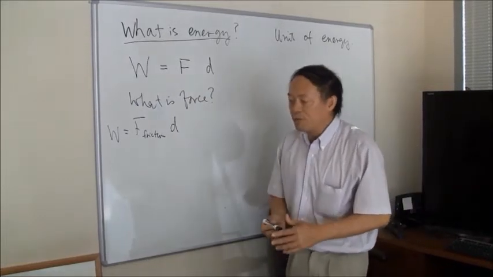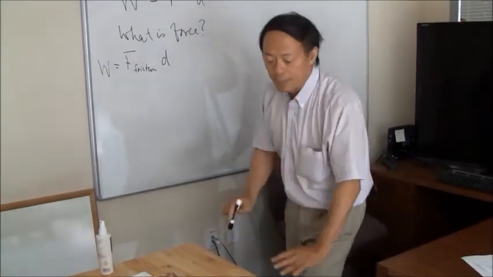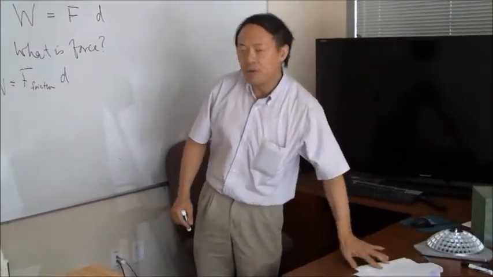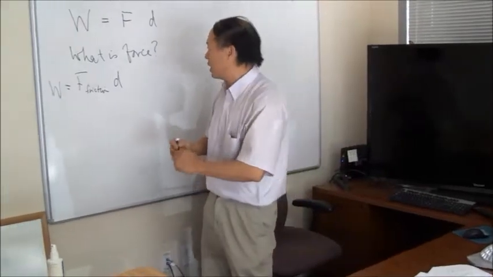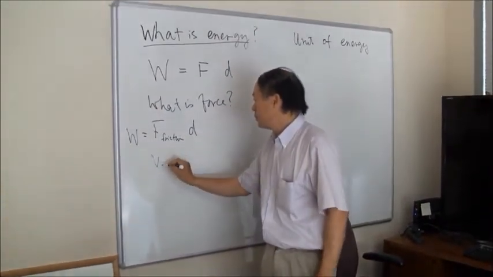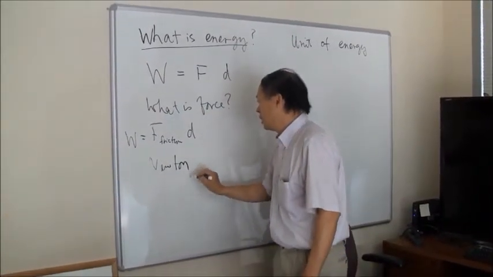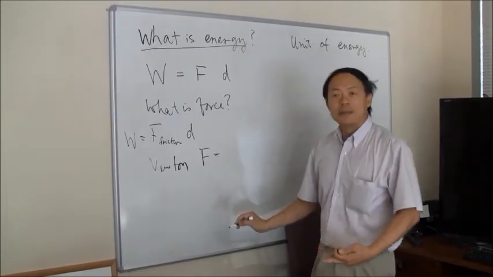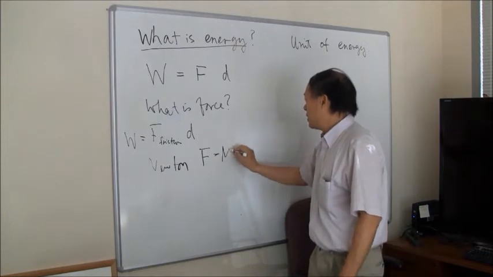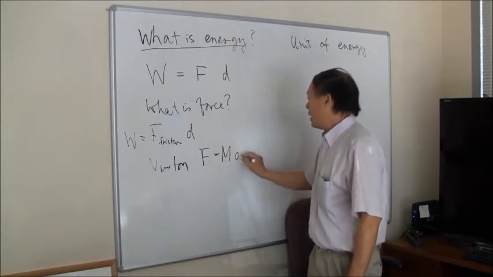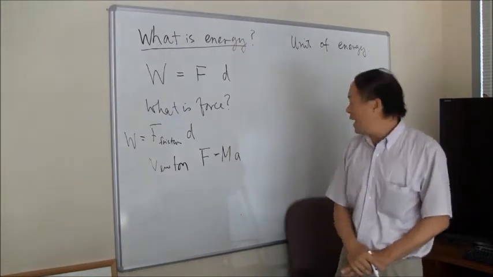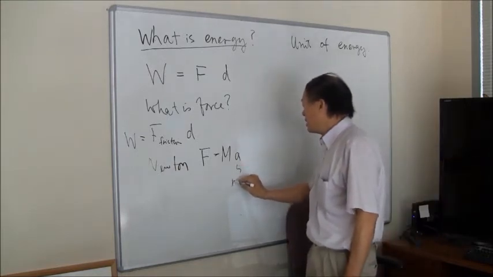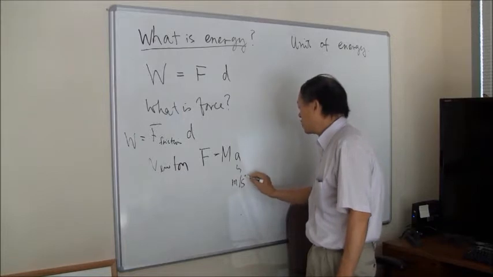Now, frictional force is a constant force, but very often we define force in terms of acceleration. According to Sir Isaac Newton, force is defined as something that causes a mass to accelerate at a rate of a, and the acceleration is measured in meters per second squared.